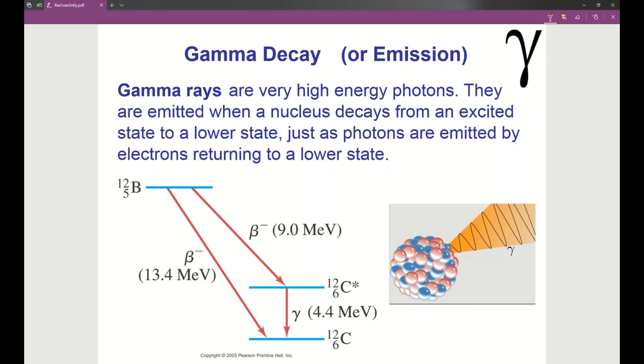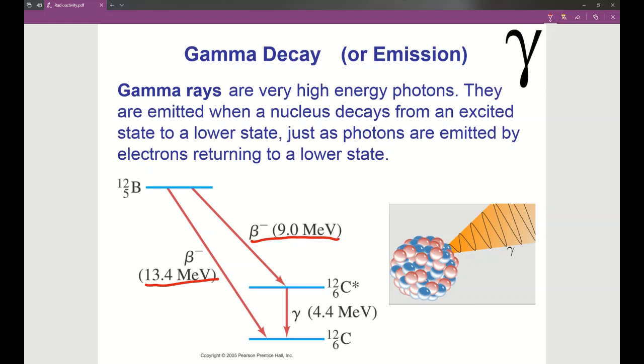In this decay from boron-12 to carbon-12, we can see that there are two different paths the nucleus can take. It can make one beta minus decay directly with 13.4 mega electron volts directly to carbon-12, or it can decay a little bit, 9 mega electron volts, to this excited energy state.